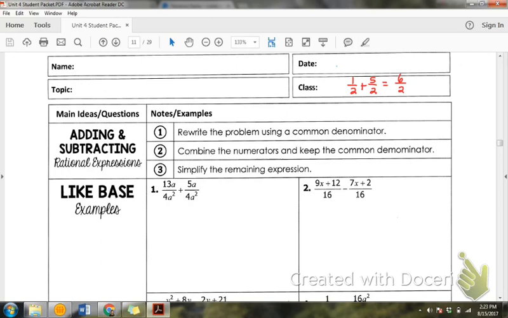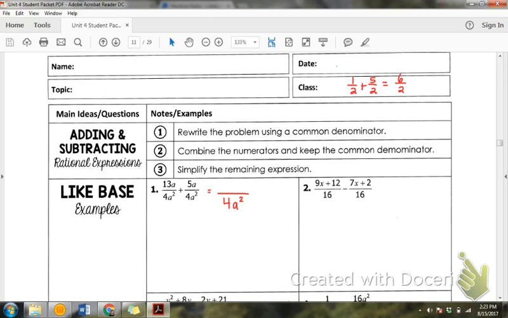So look at example 1. Denominators are the same, right? So we're going to go ahead and make this denominator become 4a squared. The denominator is 4a squared, right? You're adding, though, not multiplying. No, I'm talking about my denominator is 4a squared.